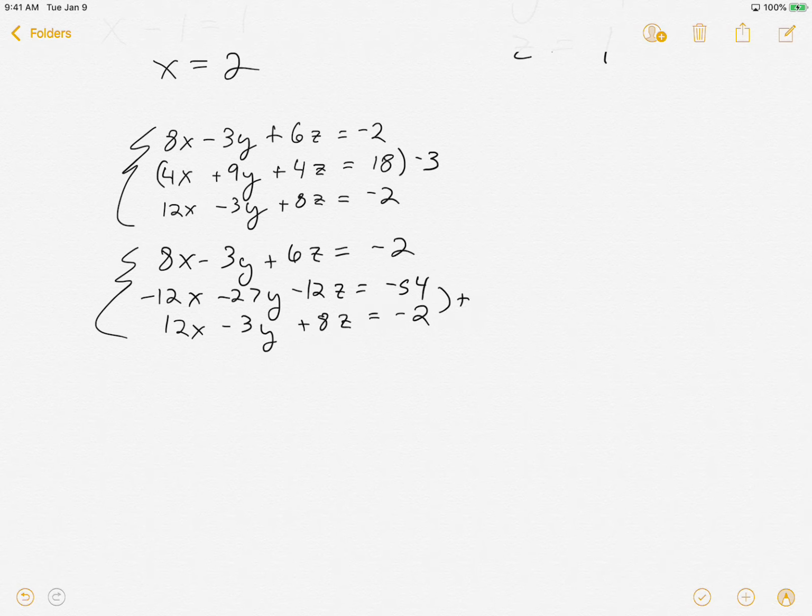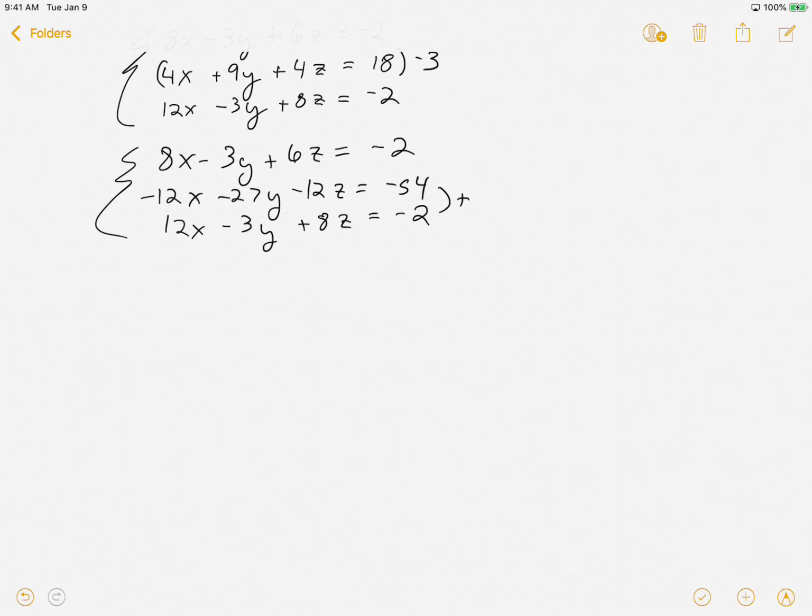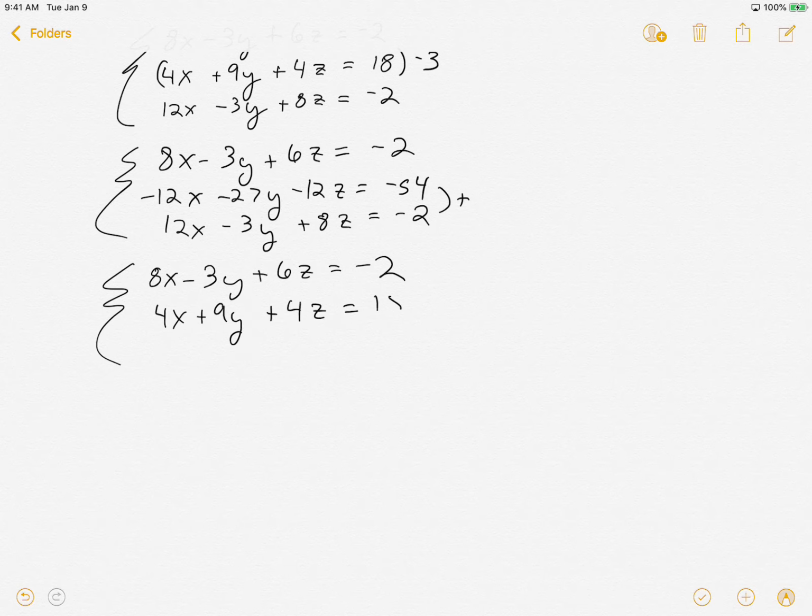I'm going to add those two to eliminate the 12x in the bottom equation. Top equation stays the same. Second equation, I'm going to revert it. Okay? I have multiplied it, I'm going to use it, but let's revert it back to a simpler form. The last equation is the one we're changing.